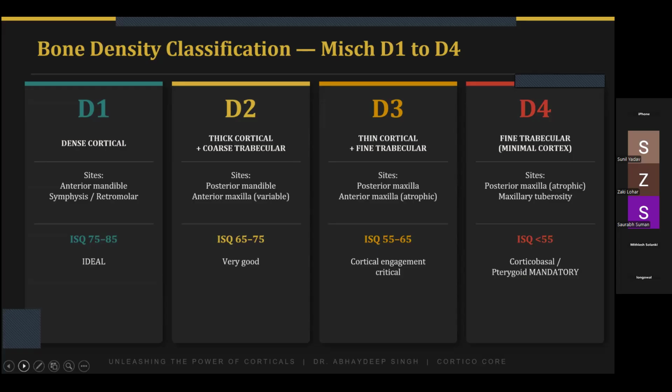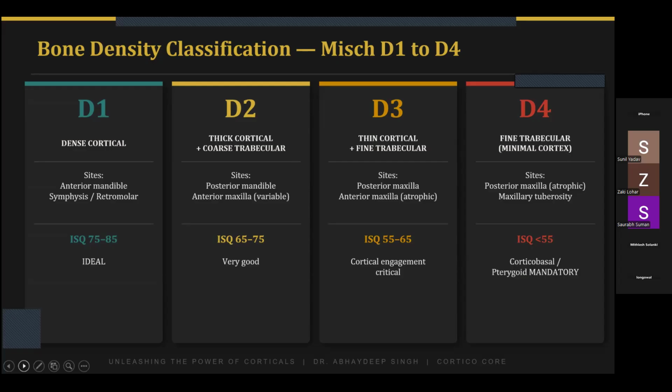The torque there should be not more than 75 to 80. Now, the anterior zone in the mandible is highly dense. So the more the density, the more the corticalization, the more the mineralization, the more is the torque value in that area. That D1 is the densest bone that there could be in your body, in your jaws.